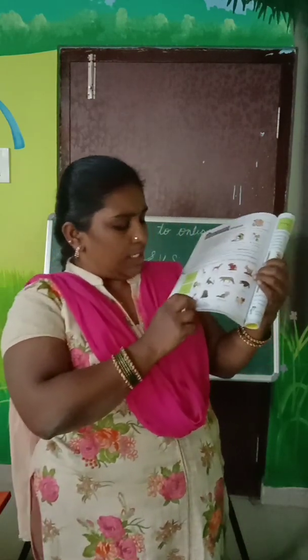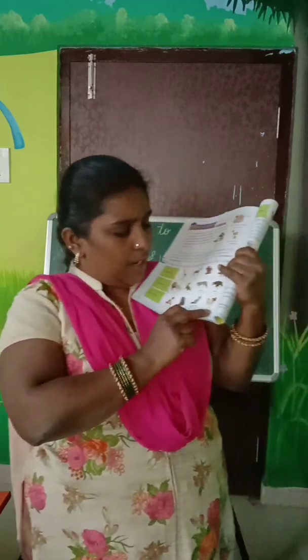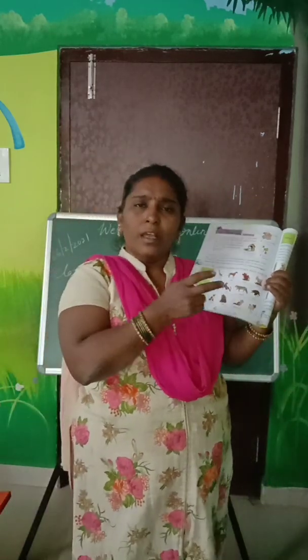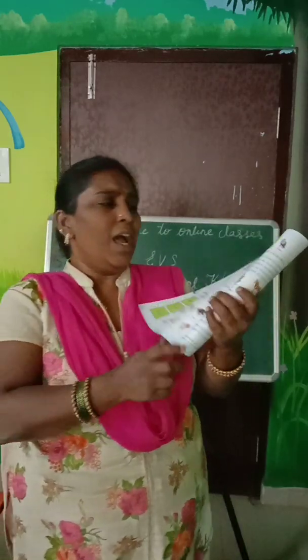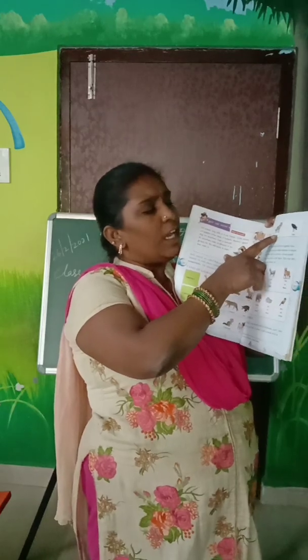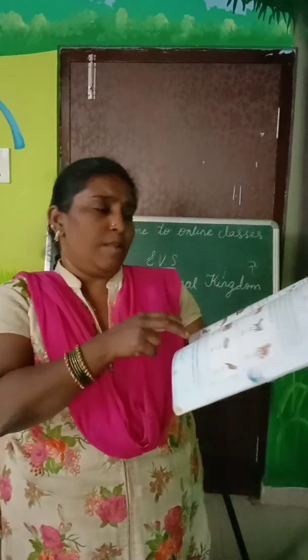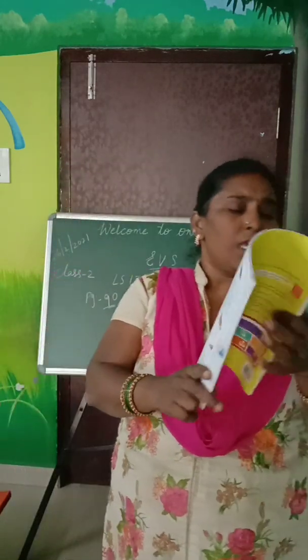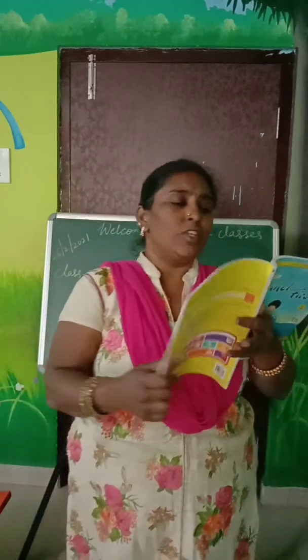And omnivorous are fox, bear, chipmunk, dog. They will eat plants, grass and the flesh of other animals. And scavengers are vulture, hyena, crow. They feed on the dead animals. So these are the animals according to herbivorous, carnivorous, omnivorous and scavengers.